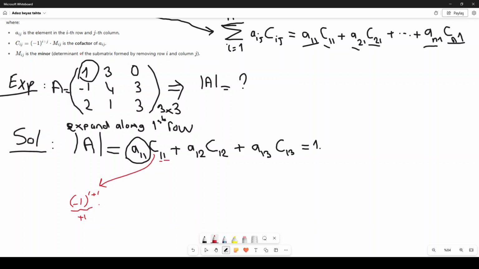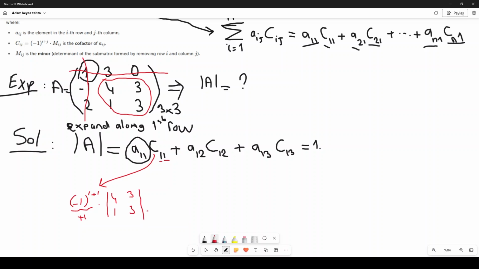This is +1 times the minor. And how can we find the minor? Since this is the 1,1 component, I delete the first row and first column and write the remaining elements in the same order. What is left behind is the elements I just circled in red, as you see. I just write them here. So find the determinant of this 2×2 matrix, 3, 4, 3 and 1, 3.